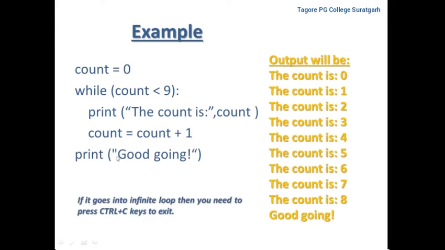Hope you have understood this program. One thing I want to say: if you do not correctly mention the condition or expression, or if you do not mention the increment or decrement, your loop can go into an infinite state, and then you have to exit by using the Ctrl plus C keys.